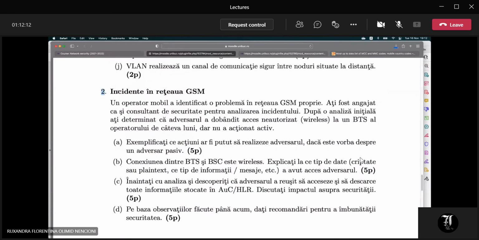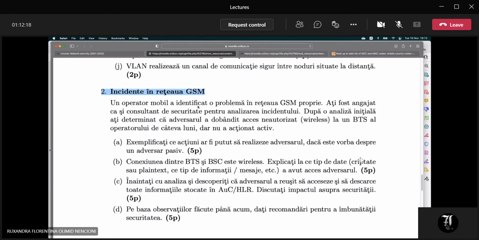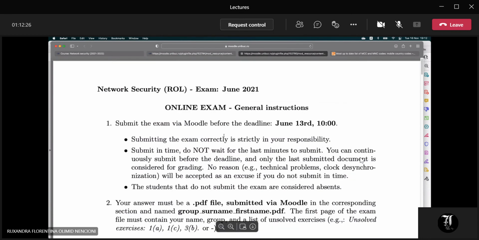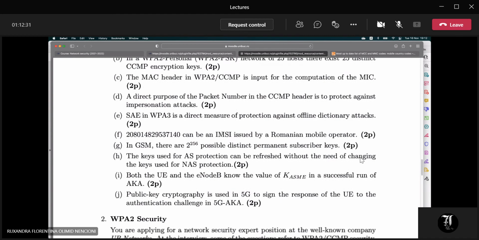The second exercise we can do next time, because we will talk about GSM now. So from 2 years ago, I think it was this one. We can also talk about that next time if you want to have a look before.